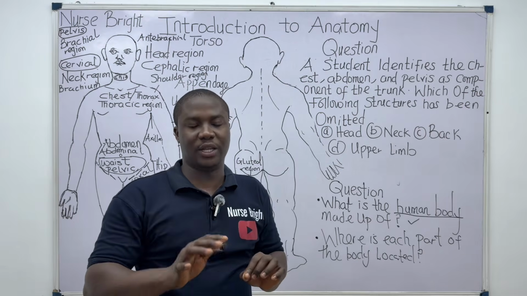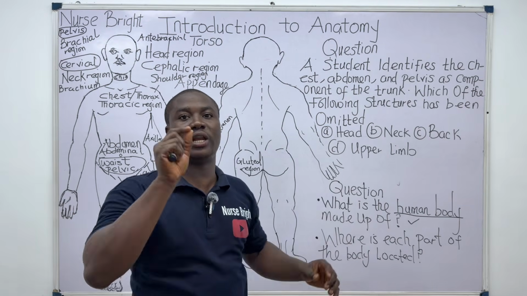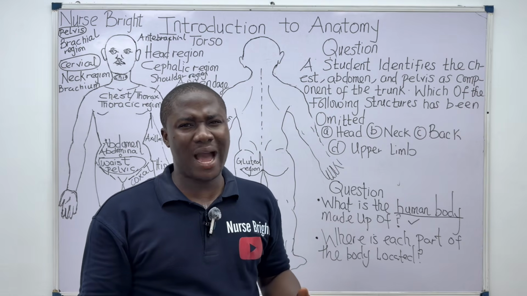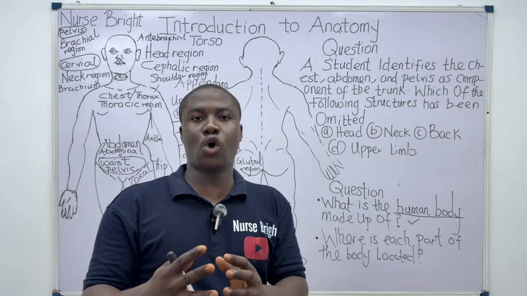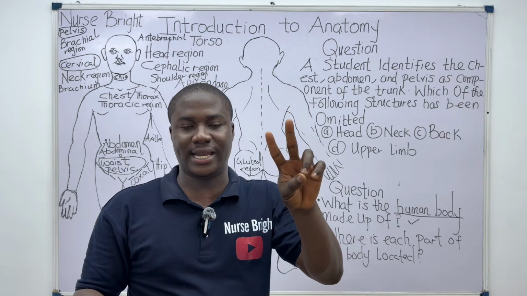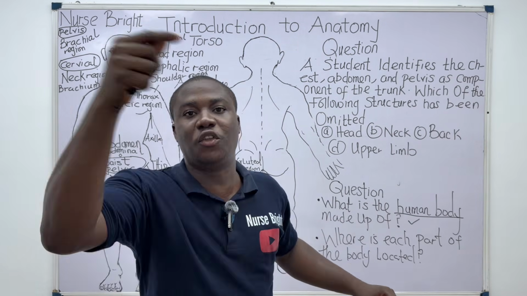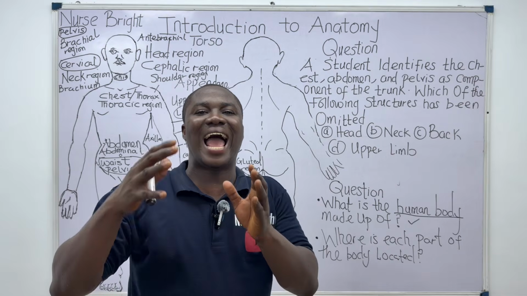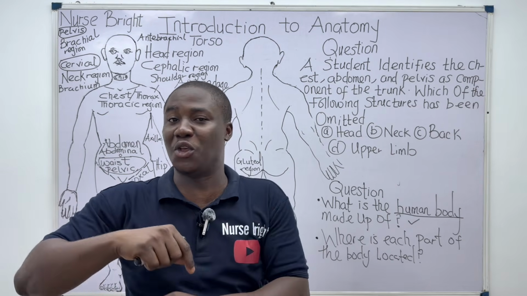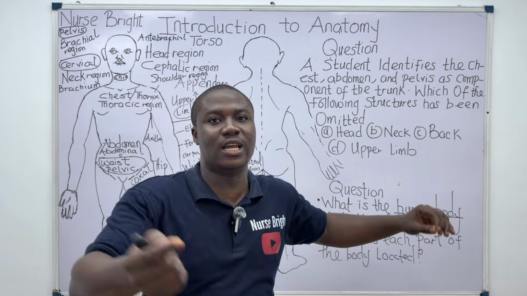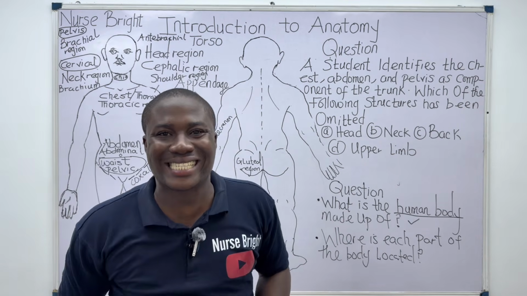Now listen properly. Before I ask the next question, let me explain something so vital. I want you to understand here that the human body could also be classified in two ways. We have the axial part of the human body or the appendicular part of the human body. If we're talking about skeleton, we say the axial skeleton or the appendicular skeleton.